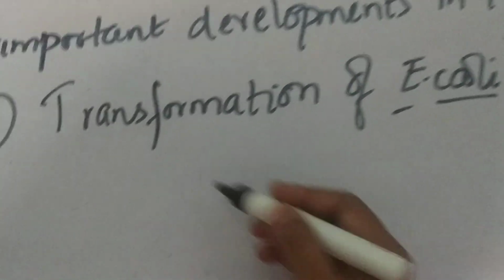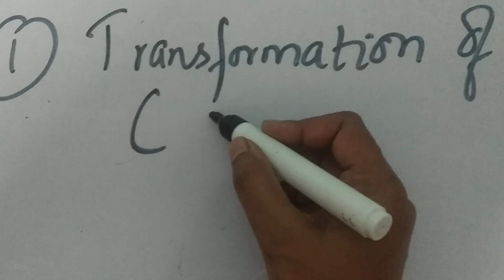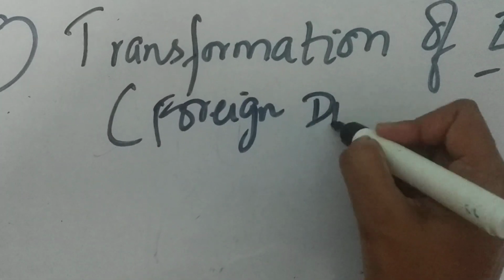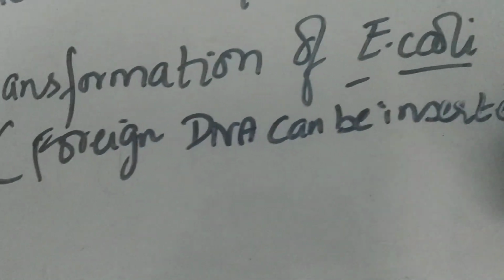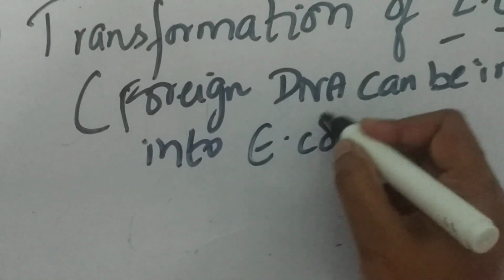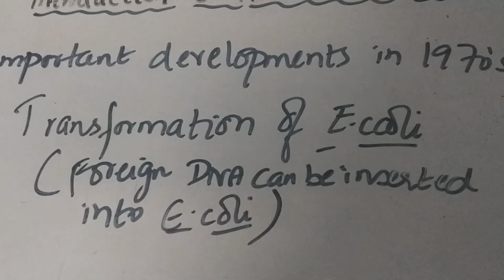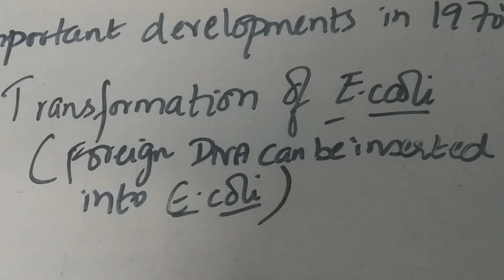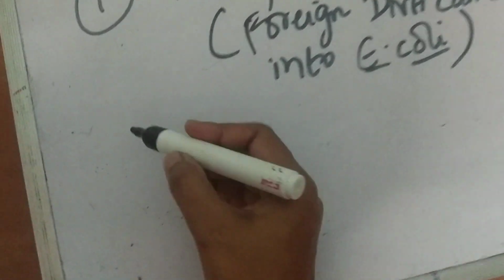Transformation of E. coli means they learned or they discovered mechanisms by which foreign DNA can be inserted into E. coli cells successfully. So this mechanism they learned, and they were able to do this with a high rate of success. So this was one of the important developments that took place in the 1970s.